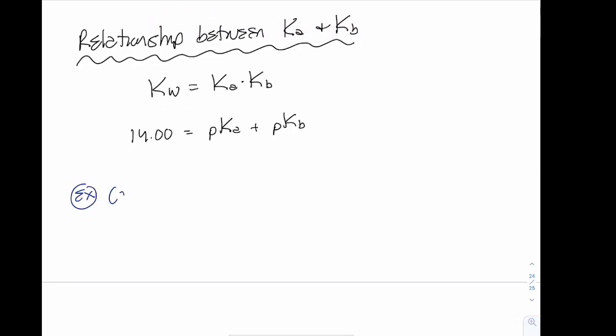So let's calculate the pH, and we'll just do pH this time, of a 0.200 molar sodium cyanide solution. And we're going to make this just a tad more involved. And I'll help you with this.